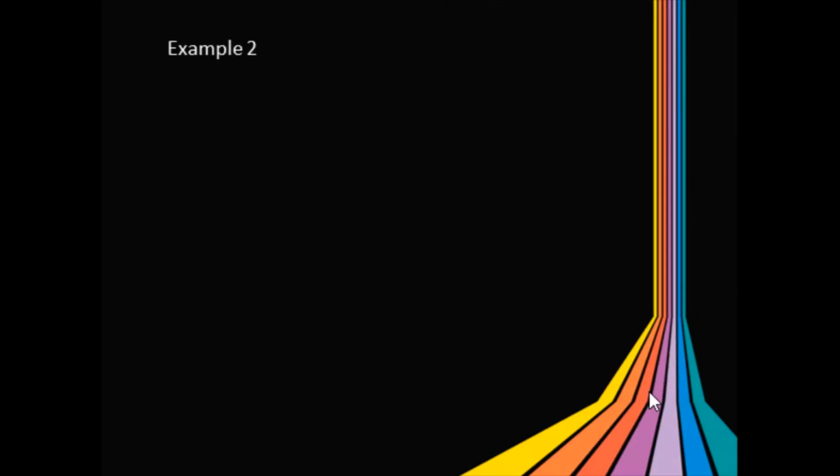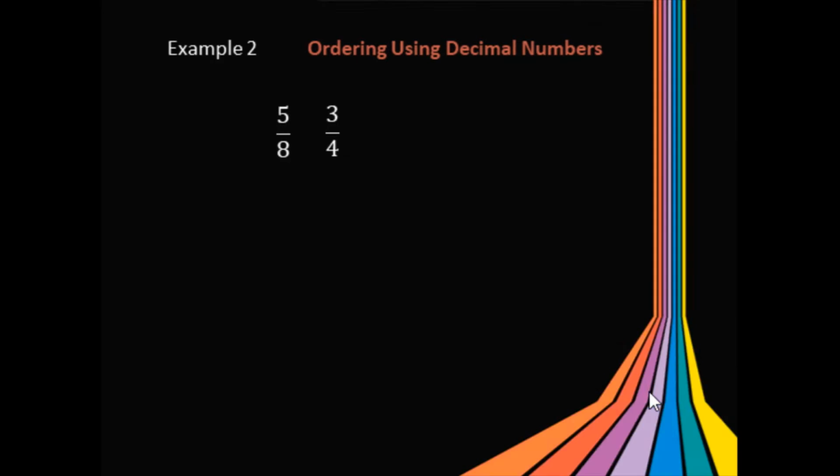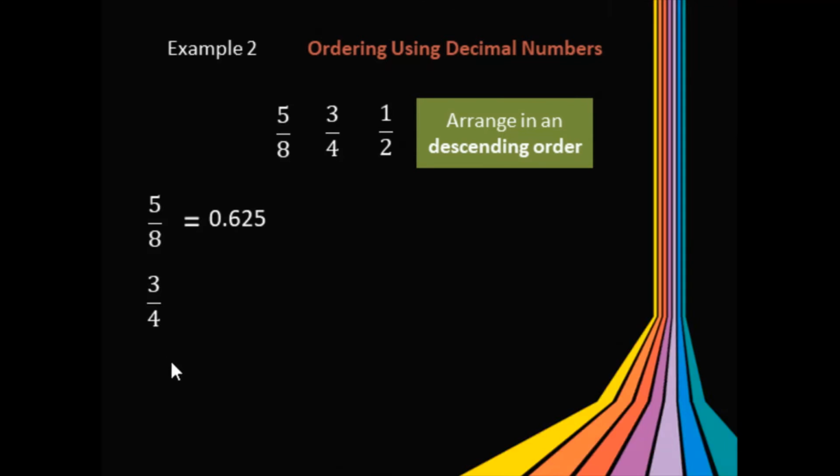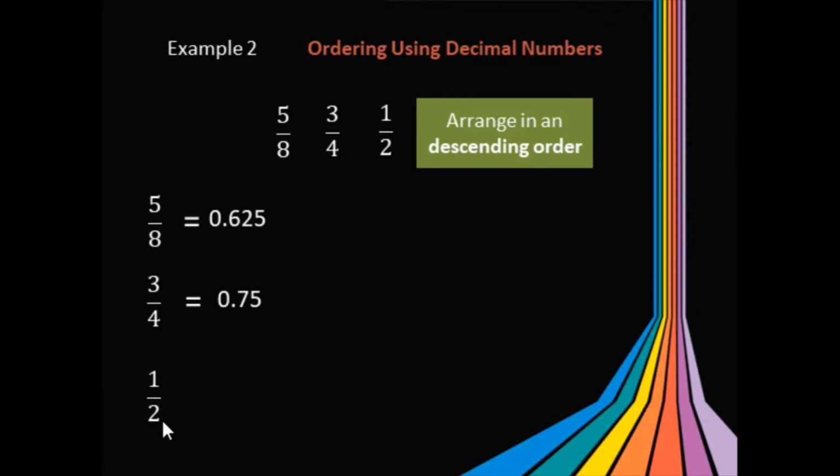How about arranging it in a descending order? 5/8, 3/4, and 1/2. 5/8 is equal to 0.625. 3/4 is equal to 0.75. And 1/2 is equal to 0.5.